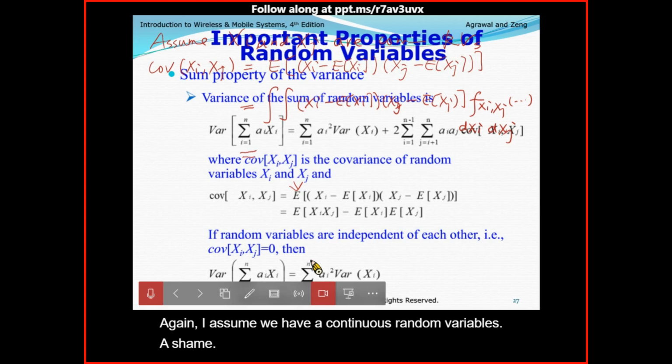But here I have a simplified expression.